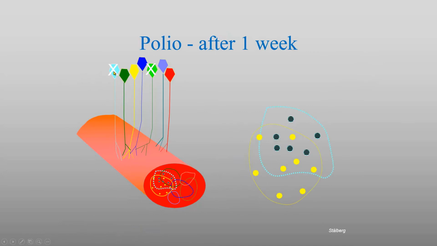In polio, we first of all have loss of activity in motor neurons with degeneration. Not all motor units degenerate, but a few of them. And the blue one that we saw before have now become black here. They are denervated, but the yellow has survived. This is healthy.